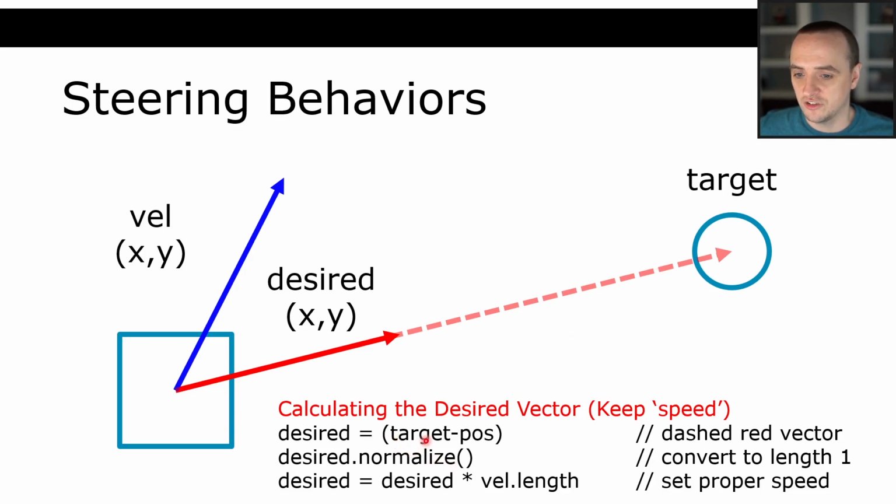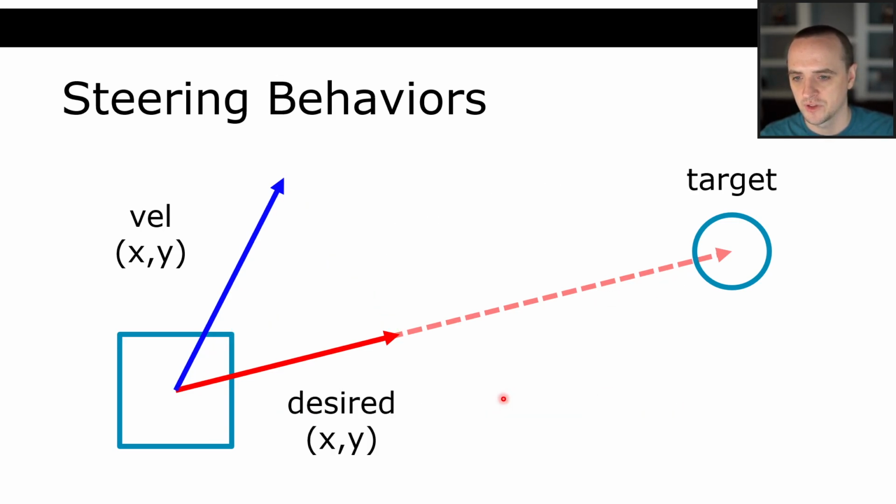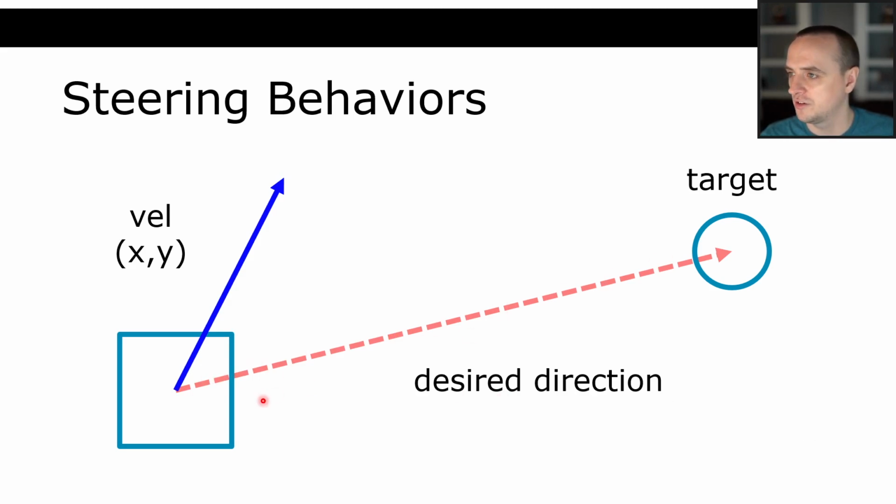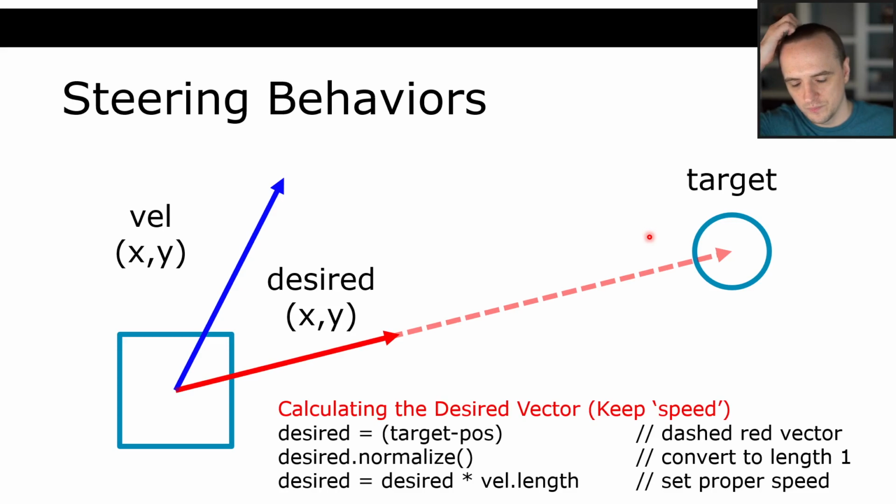If our destination is target, an XY position, and our current location is pause, an XY position, then our desired vector, initially this dashed red vector, is just target minus position. Then we have to normalize that vector to get it to length 1. To normalize a vector, you divide each component of the vector by its length. Now we have this red vector, but with length 1.